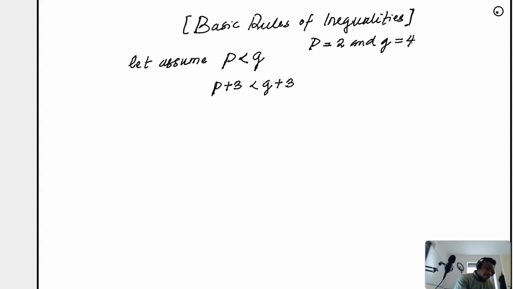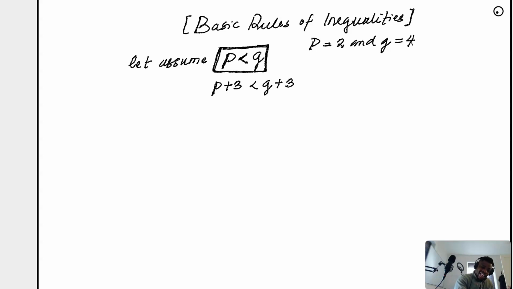Okay? Now, we want to see if that statement, P less than Q, is still true. We already know that P less than Q is true when P is 2 and Q is 4, because 2 is less than 4. So this statement is true. Now, if I add 3 to both sides of this statement, does it still make the inequality true?